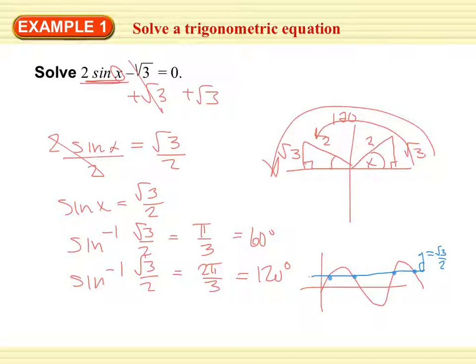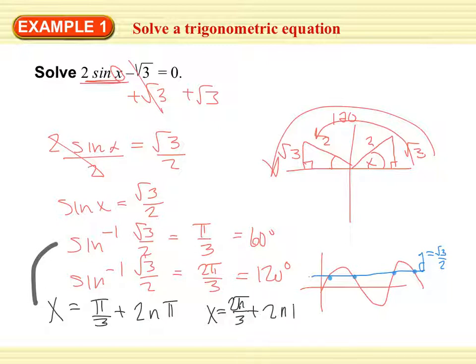So my answer is quite interesting. X equals pi over 3 plus any integer multiple of 2 pi, or x is 2 pi over 3 plus any integer multiple of 2 pi.